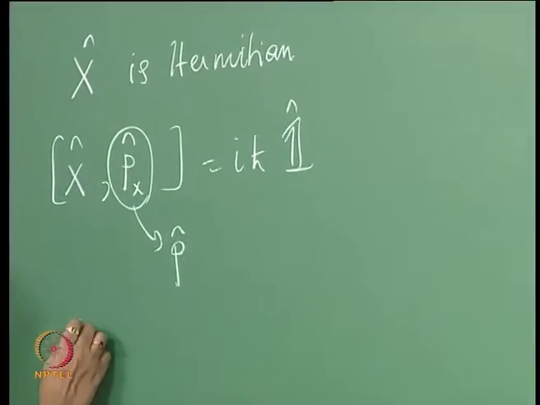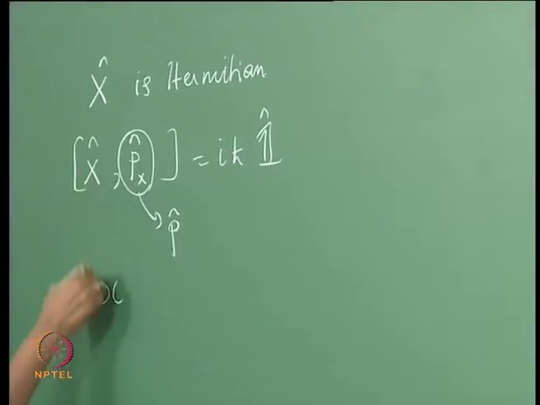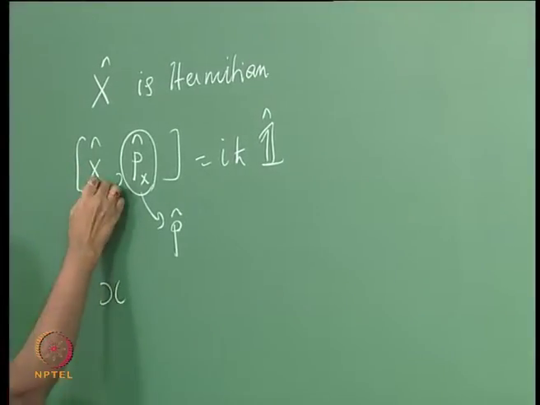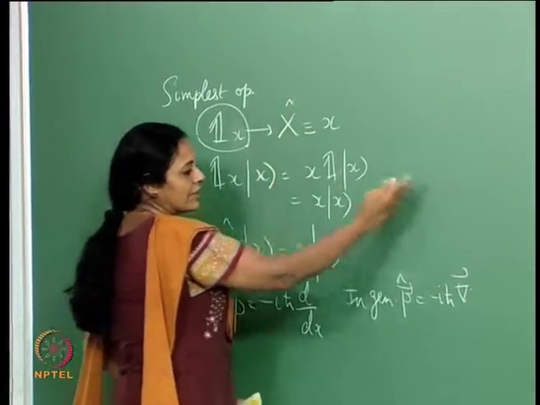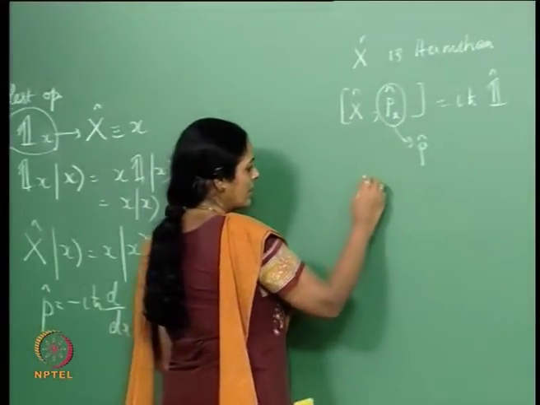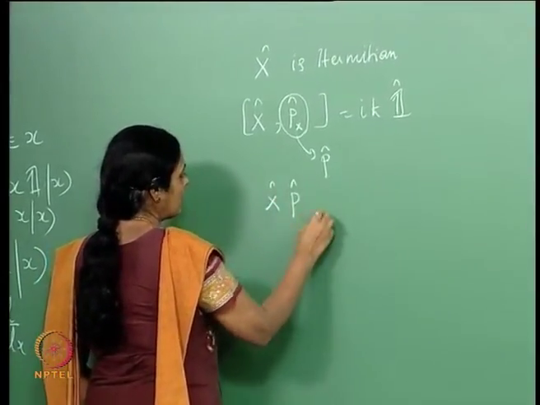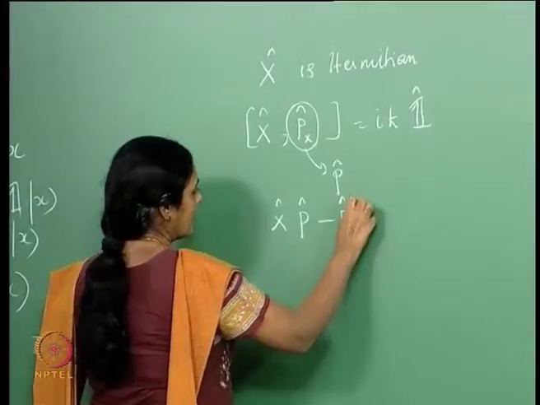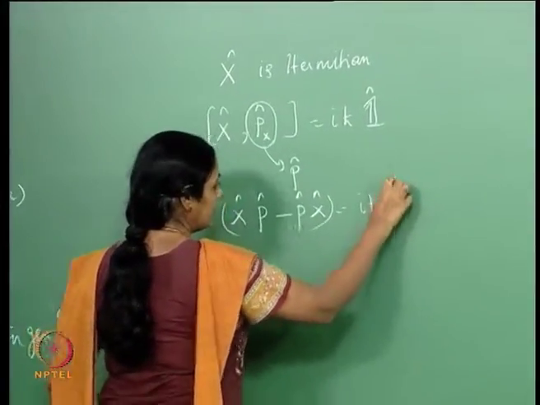So, if you now expand, you have x to be simply replaced by the number x. I am suppressing the fact that there is an identity operator there. So, if you wish, we will keep it that way, xp minus px is i h cross identity.